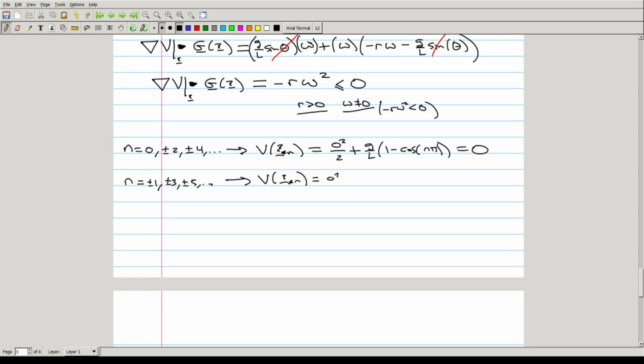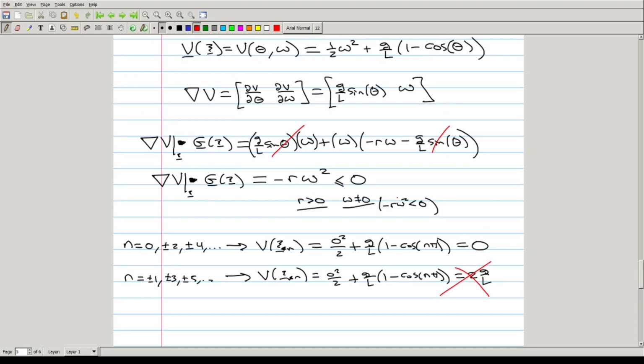This is equal to 0 squared over 2 plus g over L times 1 minus cosine of n pi, which is 2g over L. So it violates the first condition here for the odd integers n.